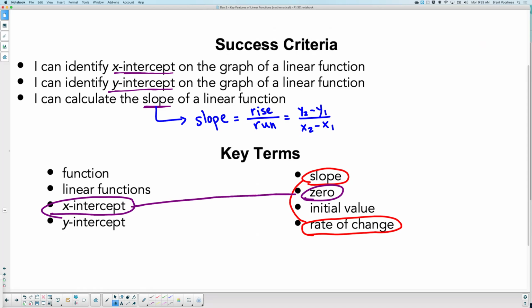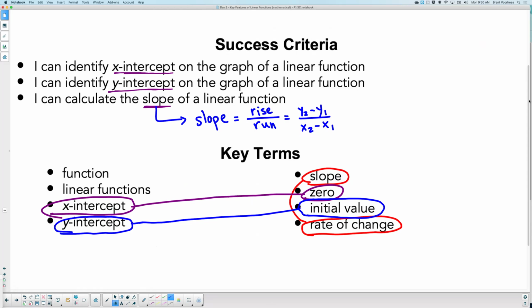These mean the same thing. So these are interchangeable. They mean synonyms. They're the same thing, same meaning, different word. And slope and rate of change are also. Now, guess what? Initial value has the same meaning as something else. The initial value is the same thing as the y-intercept. So all of those pairs have words that are interchangeable.